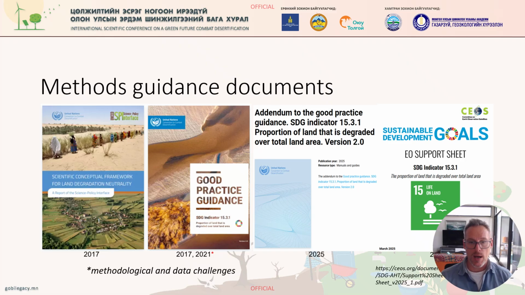There's quite a bit of documentation about how land degradation can be measured using Earth observation technologies in particular, and also some documentation around the framework for land degradation neutrality. Essentially, land degradation neutrality is like a net zero program for land degradation.